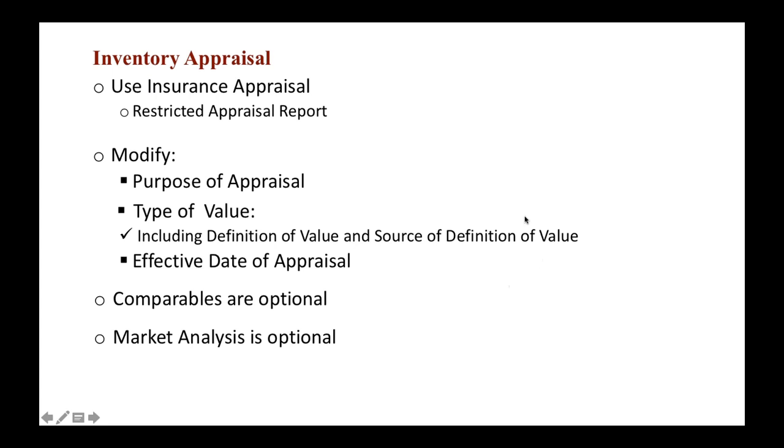Let's see, Colleen, is there a rule of thumb that can help me understand which effective date to use? There's no question whatsoever with regard to effective dates for any IRS purpose. There's just absolutely none. Effective date for an estate tax appraisal is the date of death.